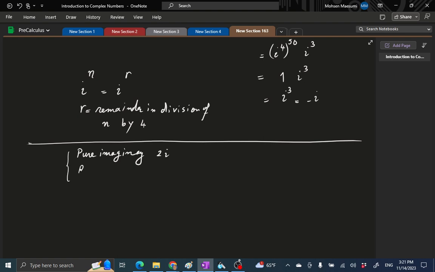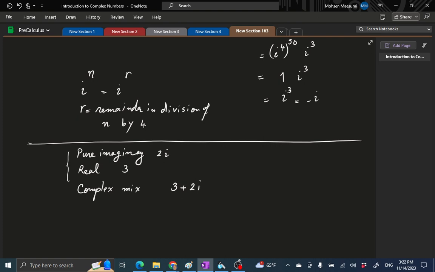A real number, of course, like 3, 5, and so on. Complex numbers, sometimes referred to as mixed numbers, have both of these things. For example, 3 plus 2i is called a complex number, as it has a real portion and an imaginary portion, each of them taking their own spots.